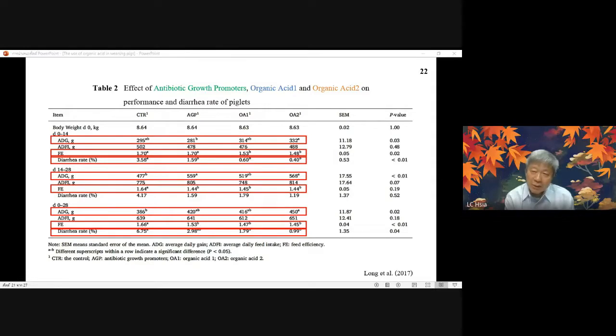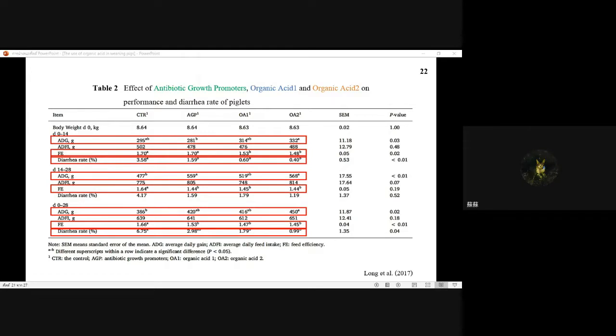You are not a pig. Why do you know pigs like this smell? Actually, from the literature review, we can see that organic acids with more H ions, like the C1 to C4 types, usually cannot be added too much, otherwise the feed intake will be lower.